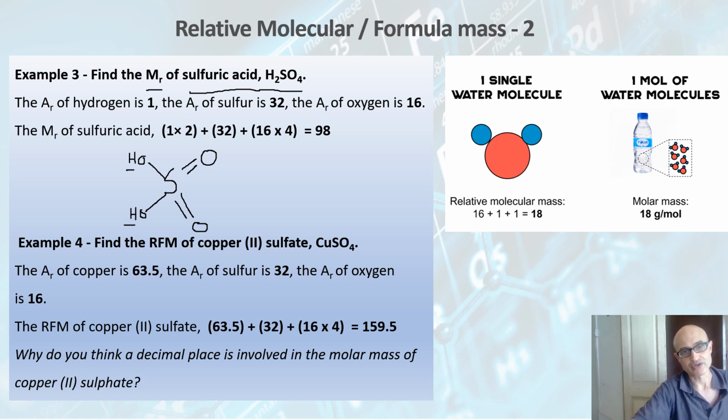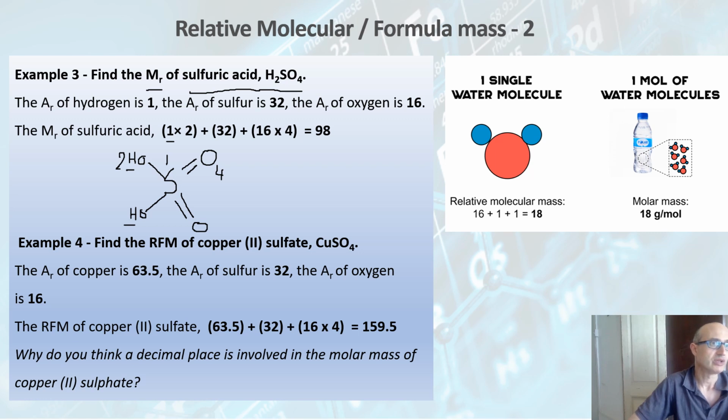Now, look at the structure. Notice that there is 1 sulfur, there are 4 oxygens, and there are 2 hydrogens. So I have to take all of that into account when calculating the relative molecular mass. So what I do is, I start with hydrogen. Hydrogen has an RAM of 1, but there are 2 hydrogen atoms, so I have to multiply by 2.